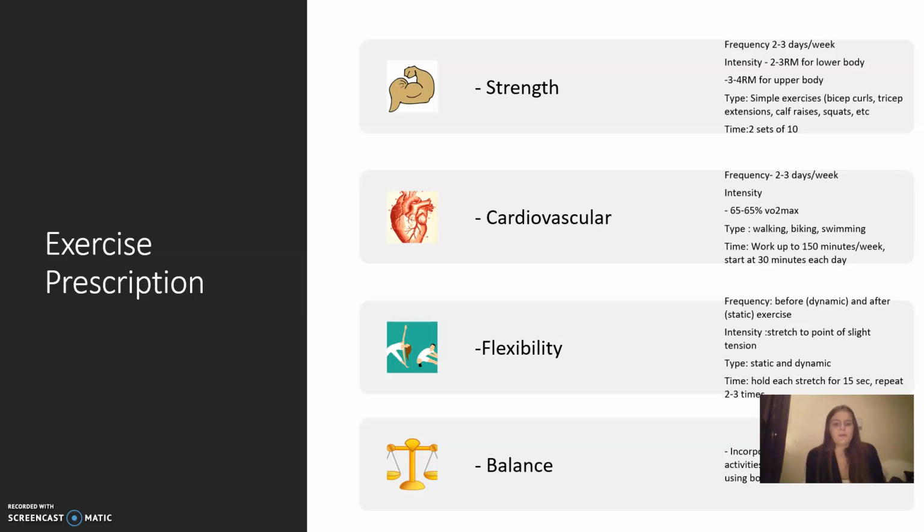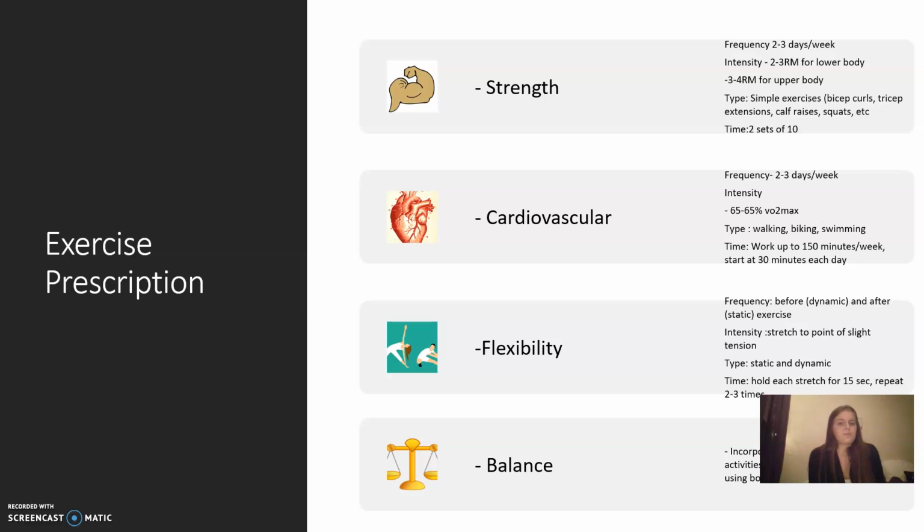For cardiovascular, I would start him out at about 30 minutes per day, but I would want him to progress to about 150 minutes per week. That's optimal. For flexibility, I would have him complete dynamic stretching prior to exercise and static stretching after.